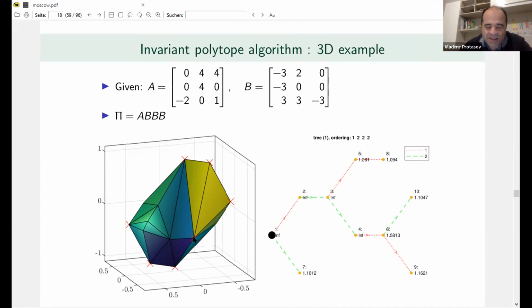Because from this picture it does look like that, but here, of course, there are not so many vertices. Yes, there are pictures where the invariant polytope totally looks like an ellipse actually.